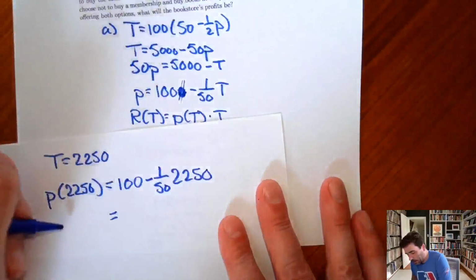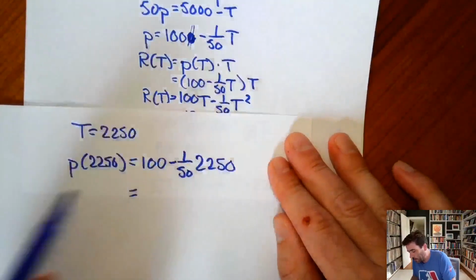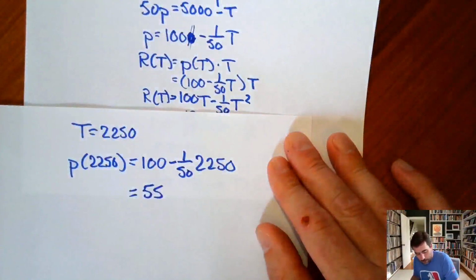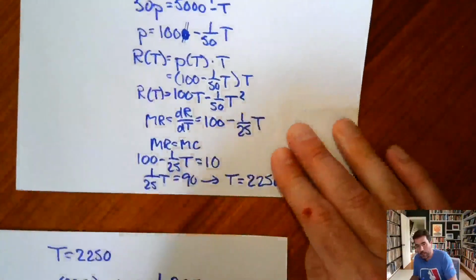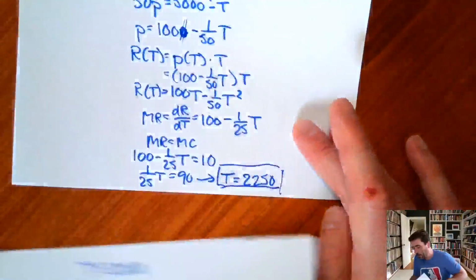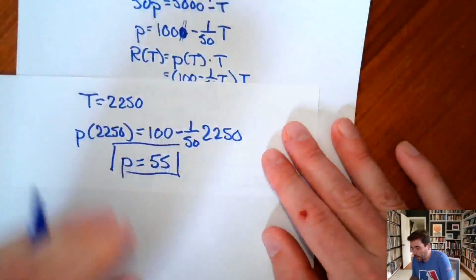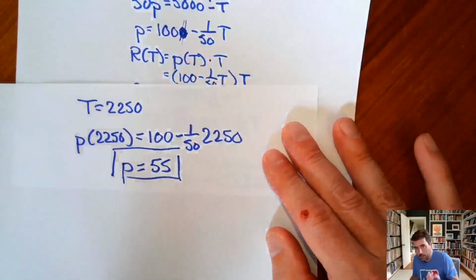If I plug that into my calculator, it's going to be 100 minus 45, which is going to give us a price of $55. Let's start boxing things to keep track of all of our key numbers here. There was my quantity, there was my price. So we figured out how they'll set their price and what quantity they sell.